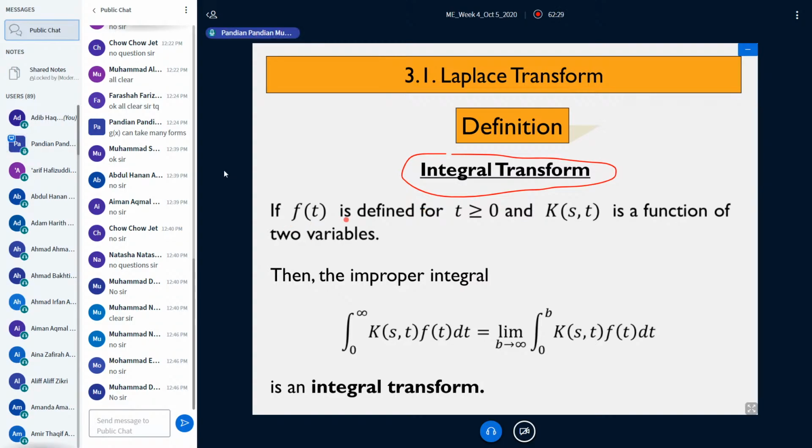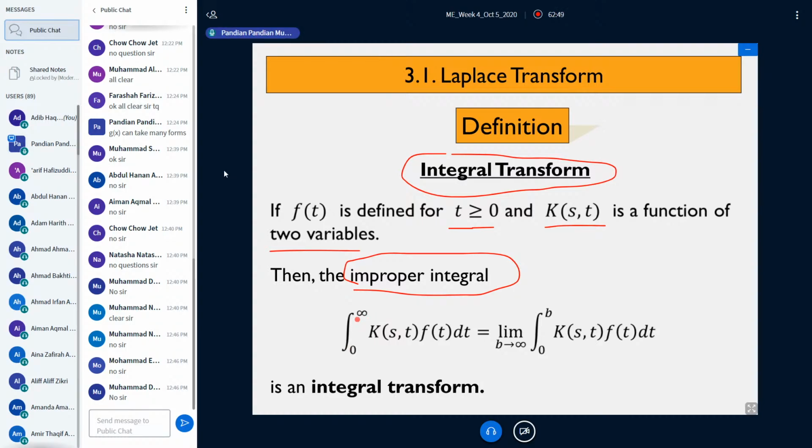If f(t) is defined for t greater than 0, and K(s,t) is a function of two variables, s and t, the improper integral means the upper bound is infinite, and that's why we call it an improper integral.